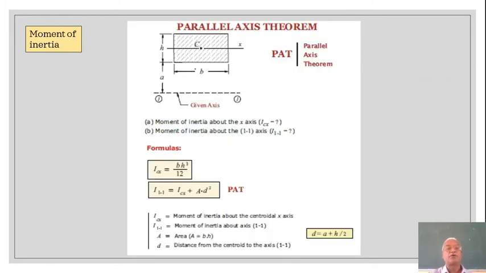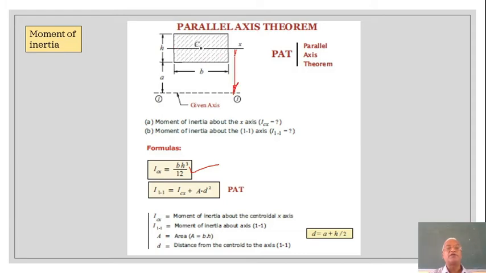Now say the moment of inertia about axis 1-1 is required. If you know by chance the moment of inertia about the centroidal axis, Icx, which is given by b h cubed by 12, then we can write I11 as the sum of Icx, the centroidal axis, plus the whole area A into the square of the distance between the two axes.